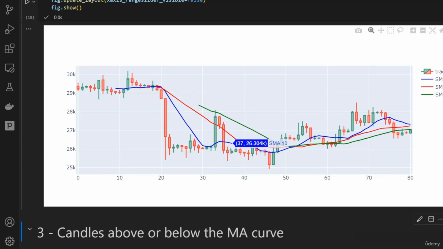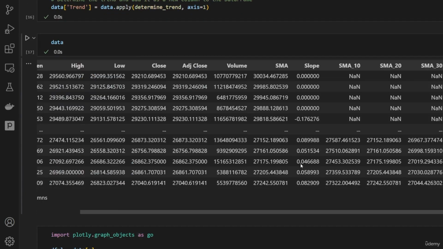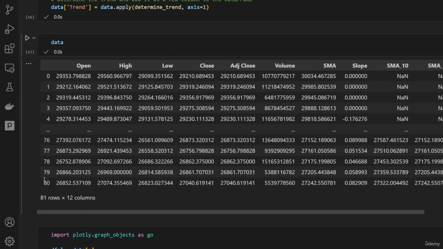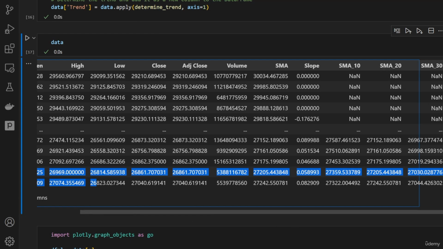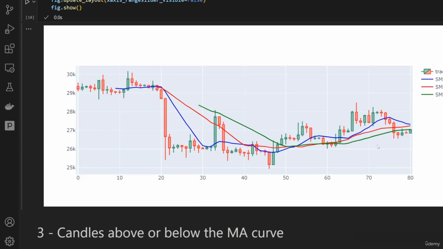We plot the 3 moving averages, and here we can verify for which candles or which slices of candles we have the alignment verified, just to make sure that we didn't make any mistakes. So we can check, for example, the index 79 or 80, they have a trend 2, so this is an uptrend, which means that we have a certain alignment.